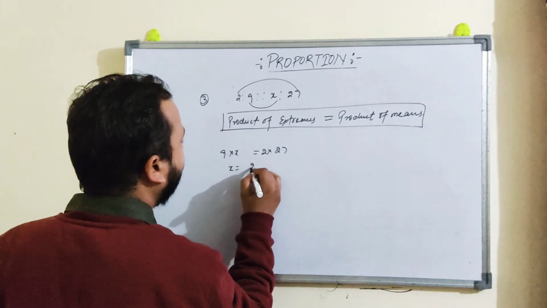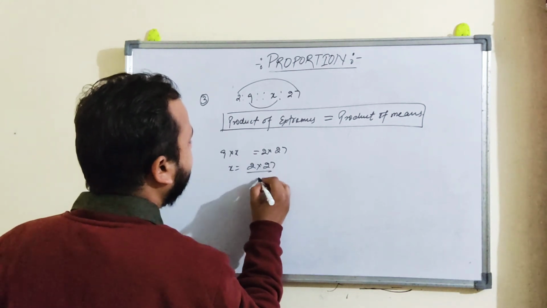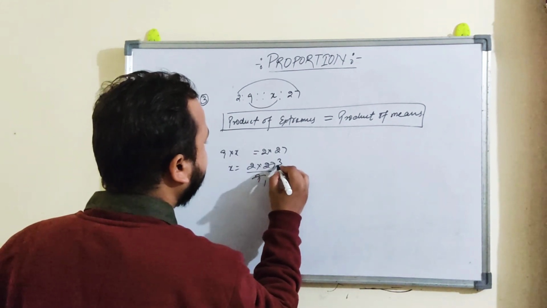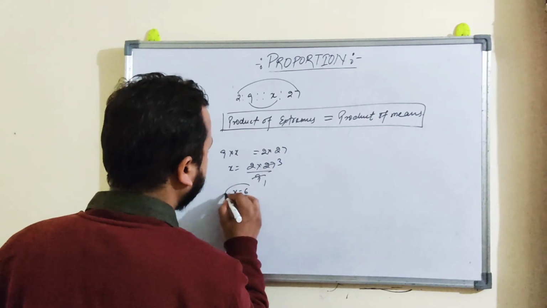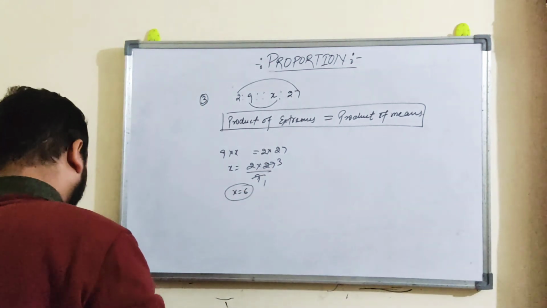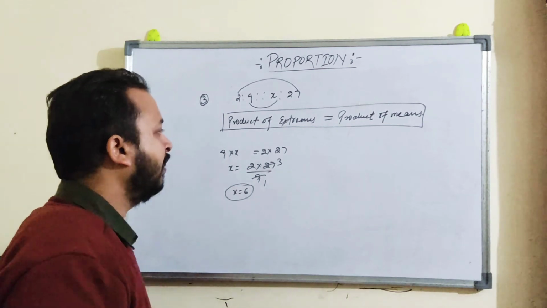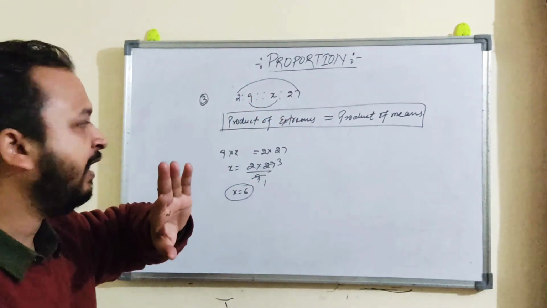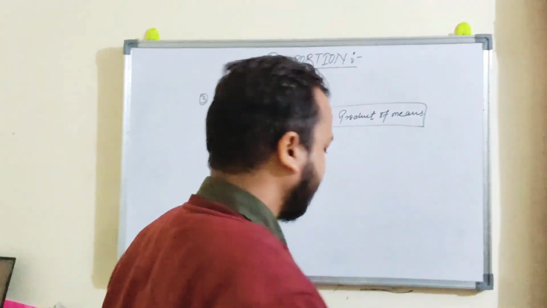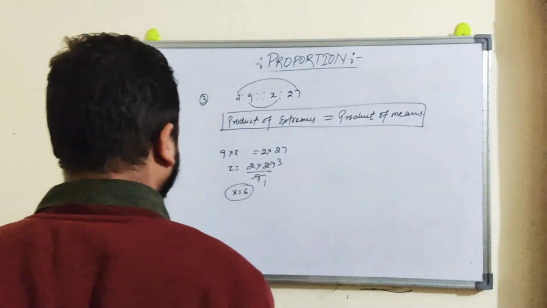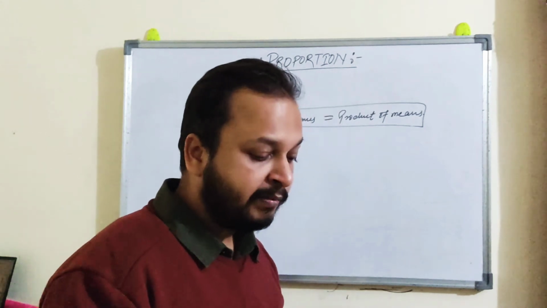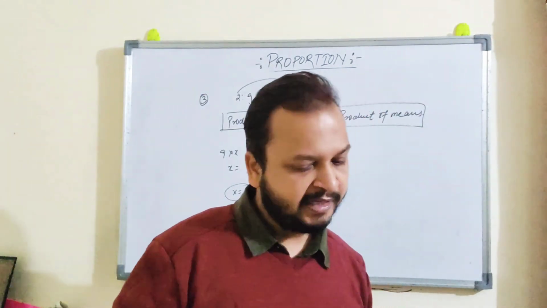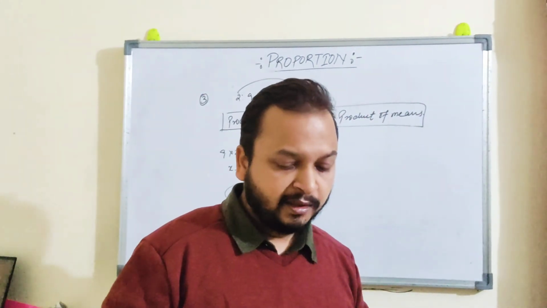So x is equal to what? 2 into 27 divided by 9. 9 ones are 9, 9 threes are 27. So x is equal to 6. Here 27 twos are 54, 9 sixes are 54, right? So your answer is correct. You can also check the answer this way. Question number 5, 4 and 5, they are the same, right?